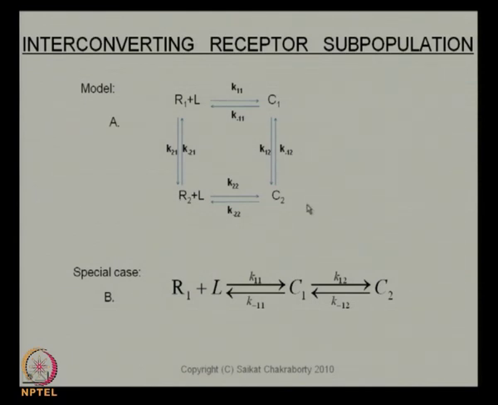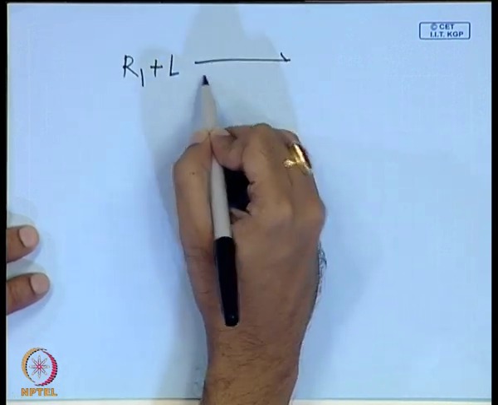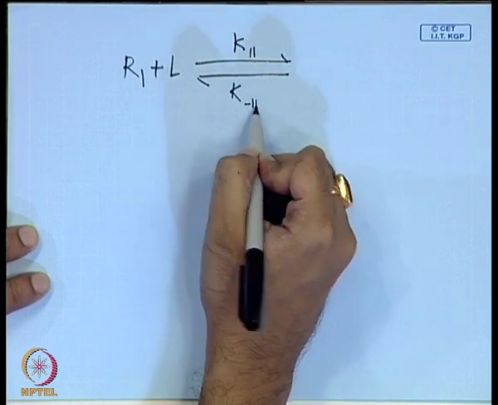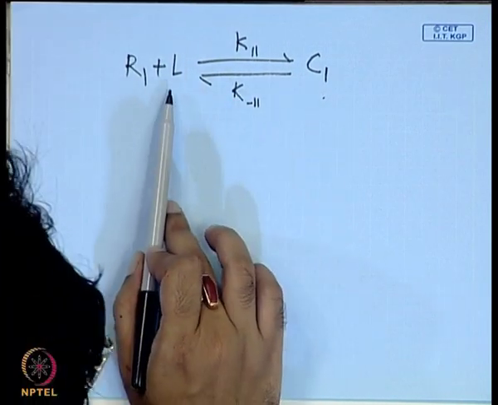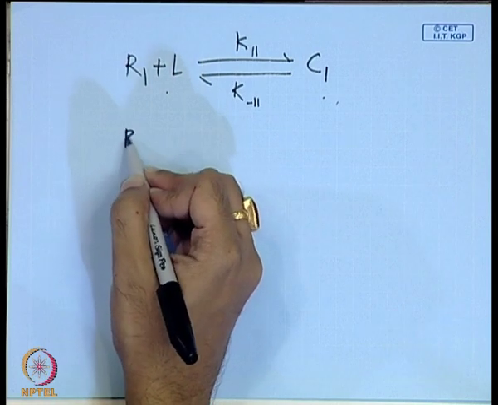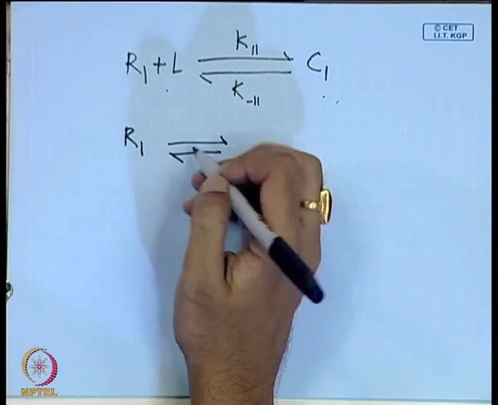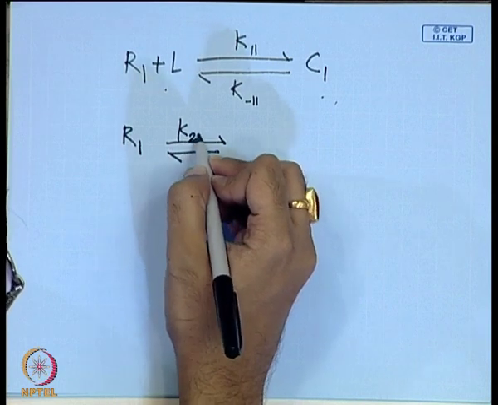This picture may be slightly confusing, so I am going to write this differently. R1 plus L, with rate constants k11 and k minus 1, forms C1. So, R1 is reacting with the ligand to form the complex C1, and R1 is also going through a conformational change to form R2.